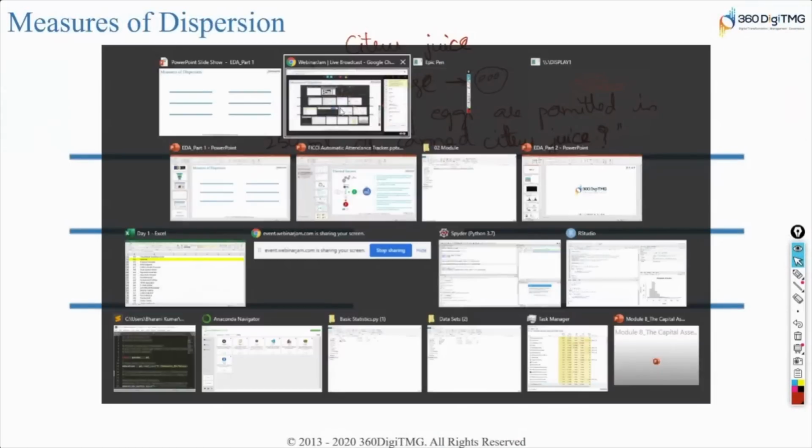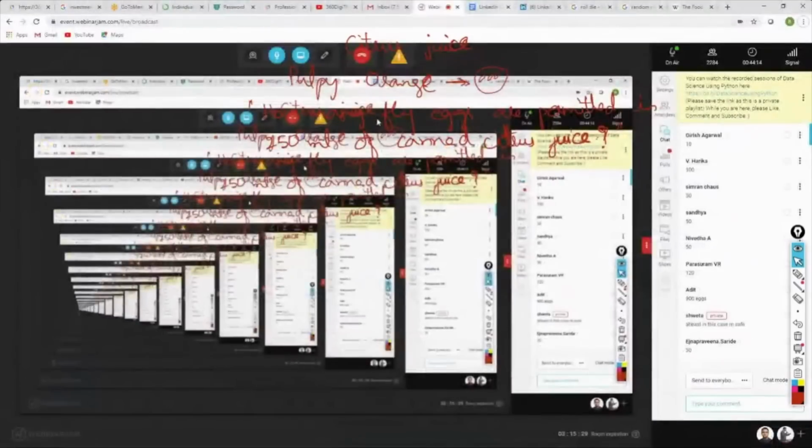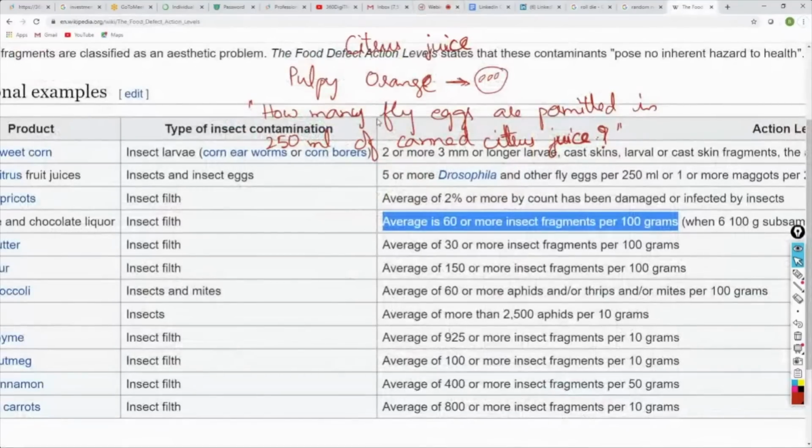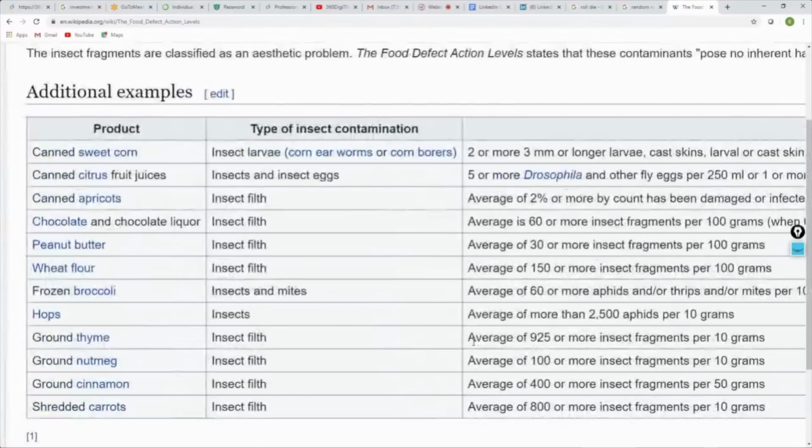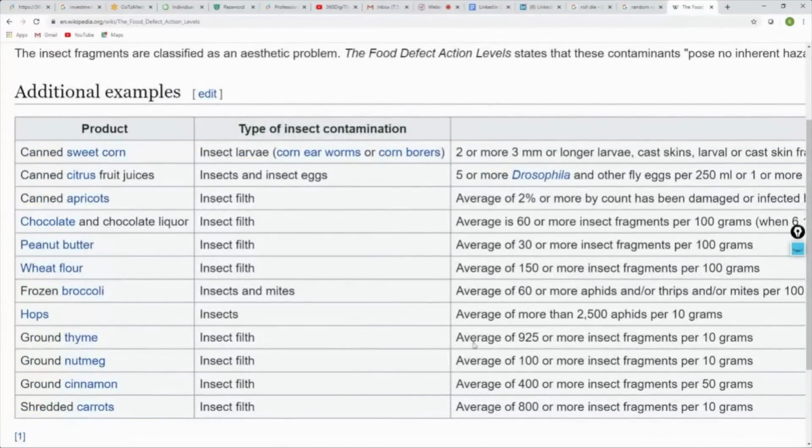All right, so let me answer this. Do you see here the second option? The canned citrus juice. Five or more Drosophila or fly eggs are permitted in 250 ml of canned citrus juice.